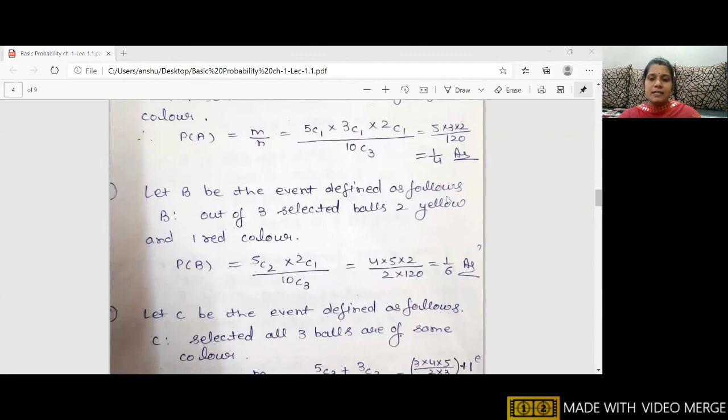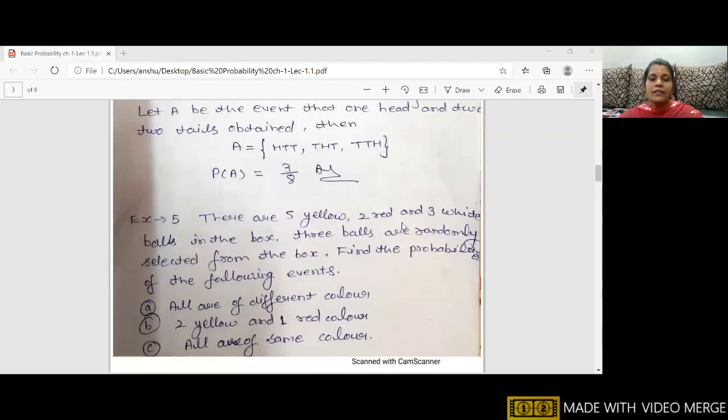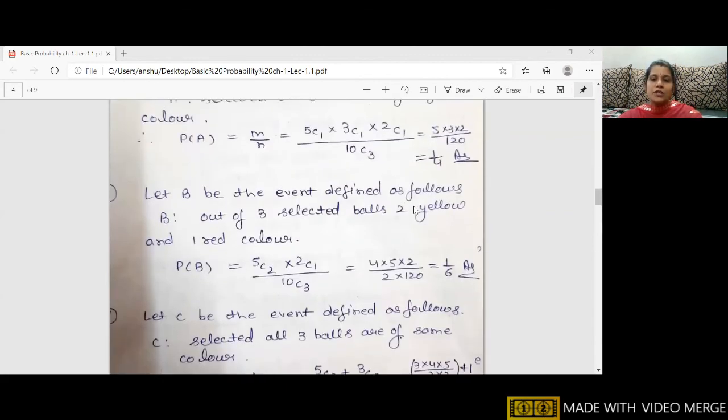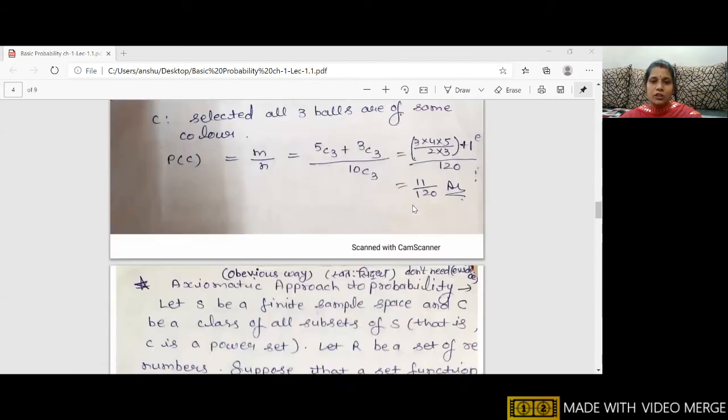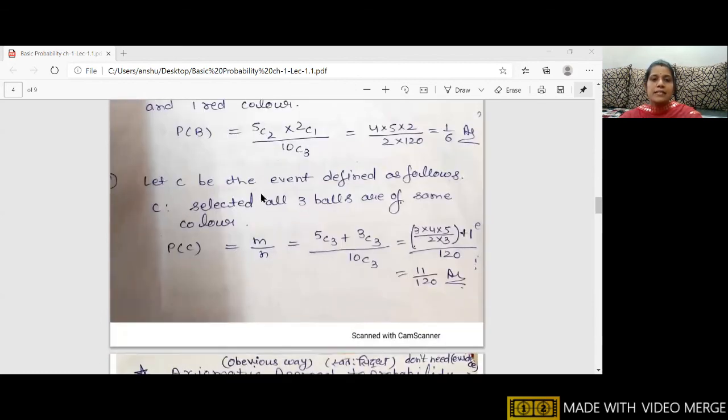All 3 white balls can be randomly selected, but we have only 2 red balls, so we don't have 3 red balls. So let C be the event defined as follows: the selected 3 balls are all of the same color.